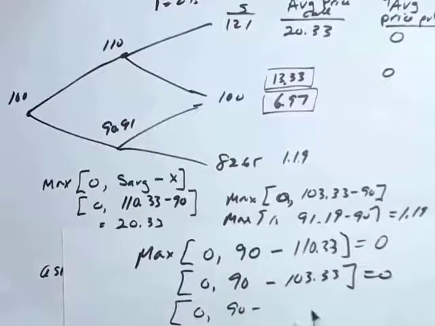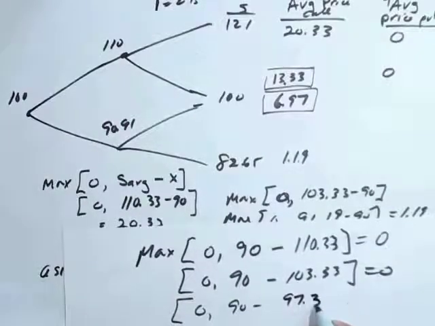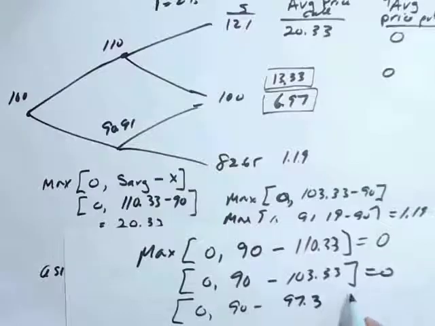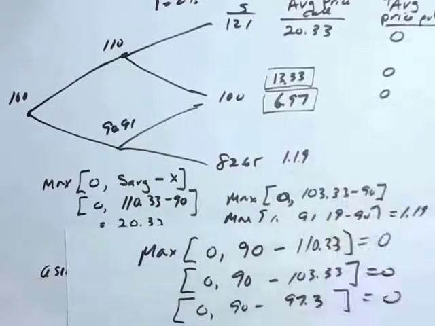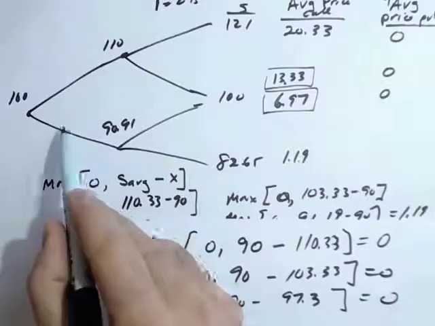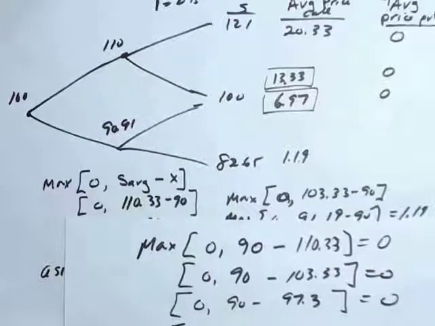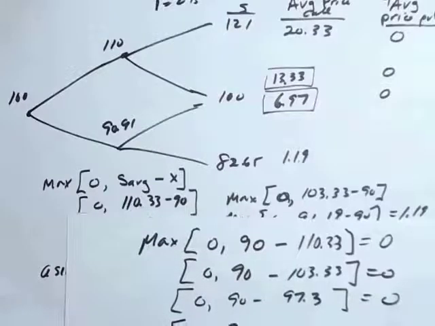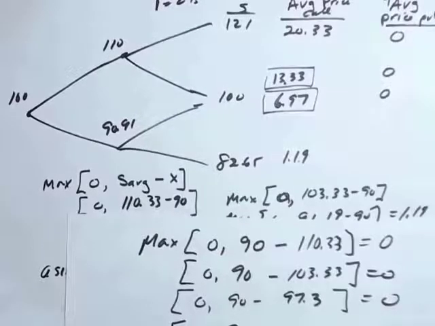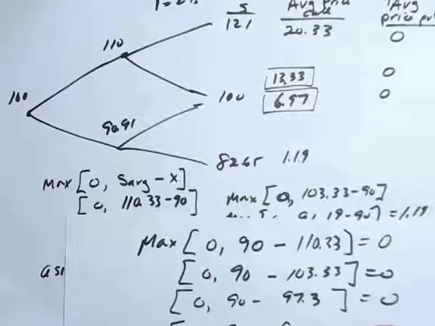That's 97.3. And so that's another payoff of 0. And then let's do the last node here, 0, 90 minus the average, which is going to be 91.19, and that is going to mean a payoff of 0.